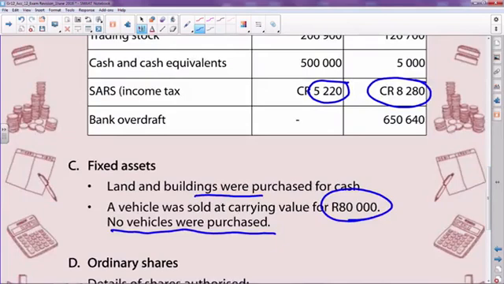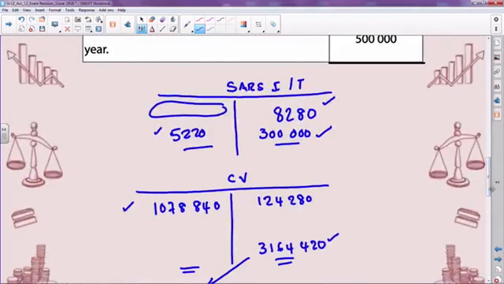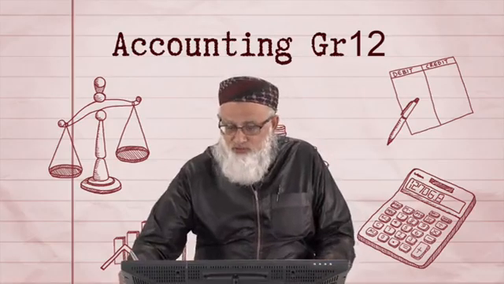So obviously, if no vehicle was purchased, you know that only land and buildings were purchased, but you did dispose of a vehicle with a carrying value of 80,000 Rand. Aha. Now, let's slot in the 80,000 Rand. Now, this is the information that you have. You now need to present this to show it as a calculation in your cash flow statement.